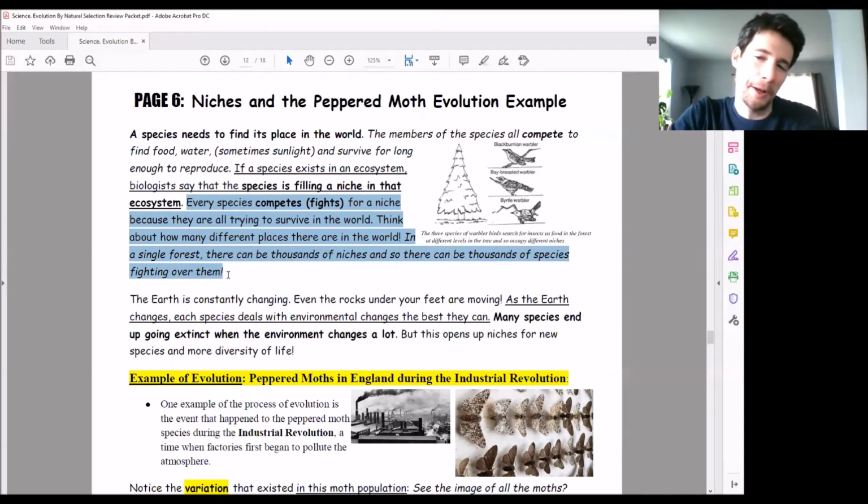Think about all the different beetles in a forest, all the different tree types and bush types, all the different mammals, squirrels and deer, and all the predator mammals, bobcats or mountain lions, maybe bears. There's so many different living things because there are all these niches that they can hold, all these roles that they can play. Everything needs to find a place.